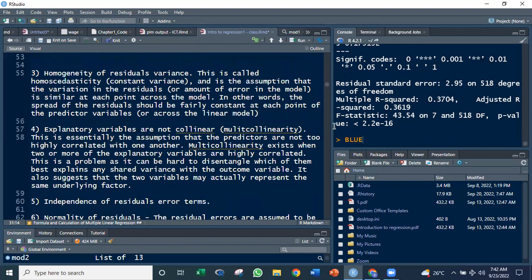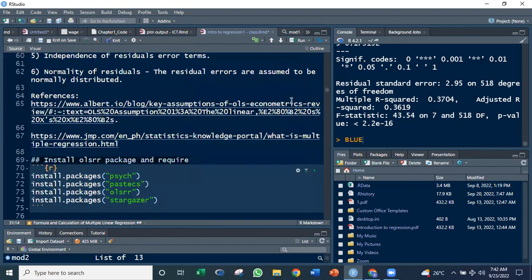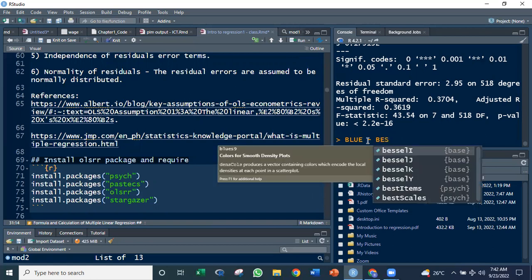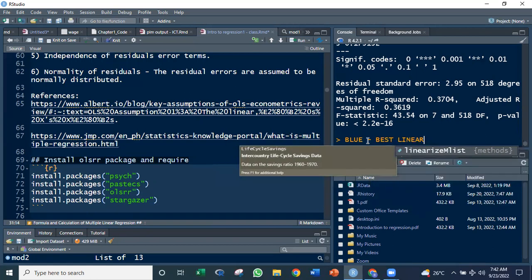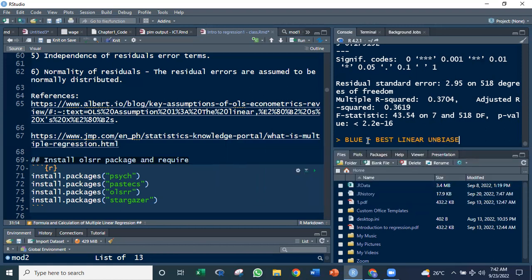When the model complies with these assumptions, then we have what we call the best linear unbiased estimators. So when these assumptions are met, then our parameters, beta 1, beta 2, etc., are regarded as the best linear unbiased estimators.